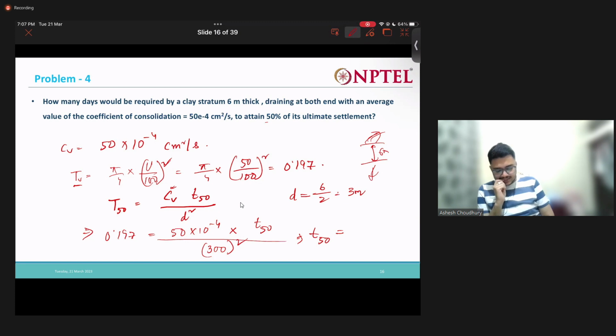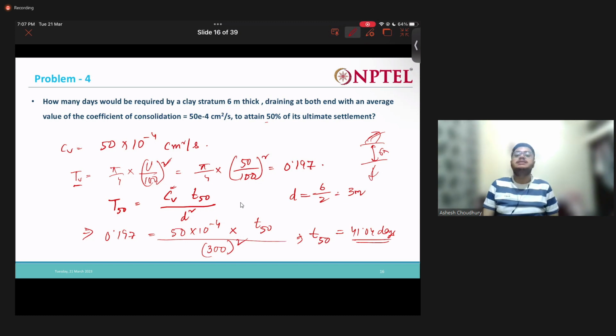It will come out in seconds, so we can convert those seconds to days. How many days is it coming? It is 41.04 days. So in 41.04 days, this clay layer will attain 50% of its ultimate settlement.